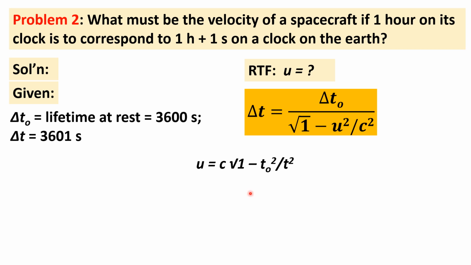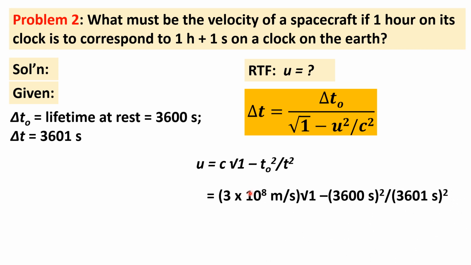So substituting the given quantities in that equation, we have the speed of light, 3 times 10 to the 8 meters per second, multiplied by the square root of 1 minus the square of t naught, where t naught is 3,600 seconds, divided by the square of t, which is 3,601 squared.